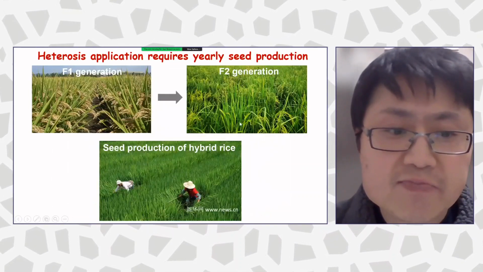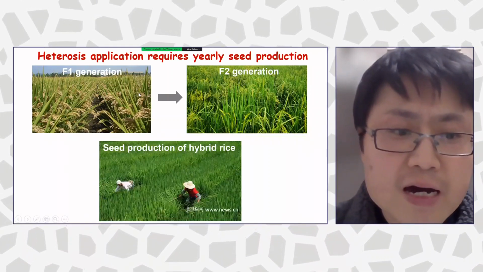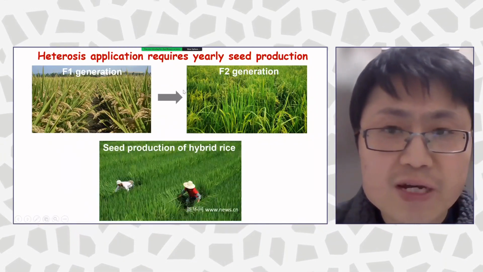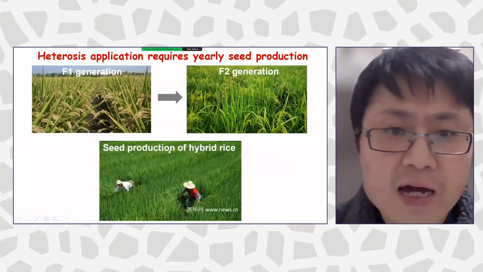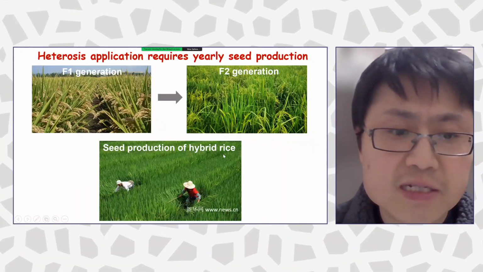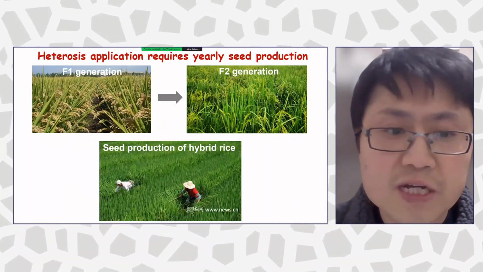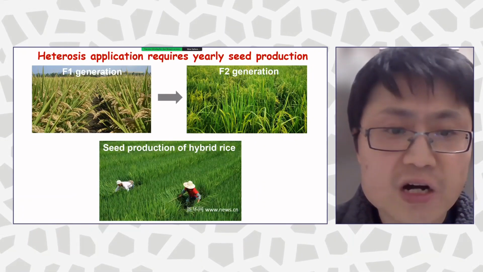The hybrid variety displayed elite traits in fields. However, the elite traits were segregated from the F2 generation, and therefore, heterosis application requires yearly hybrid seed production, which is extremely complex and significantly increases the seed costs.